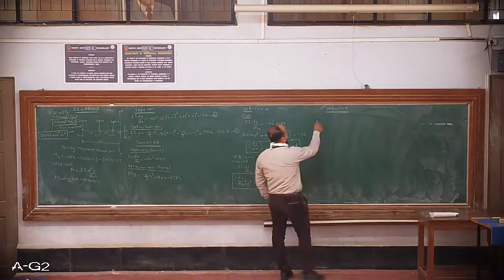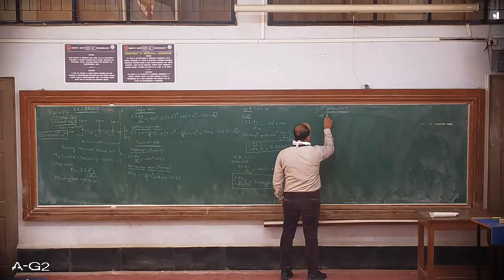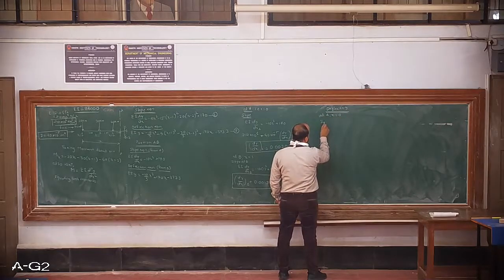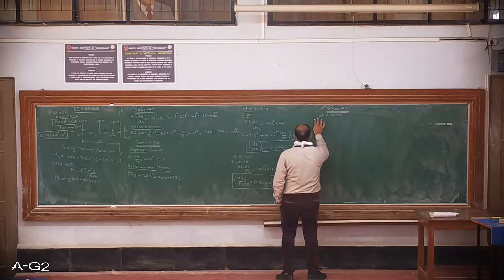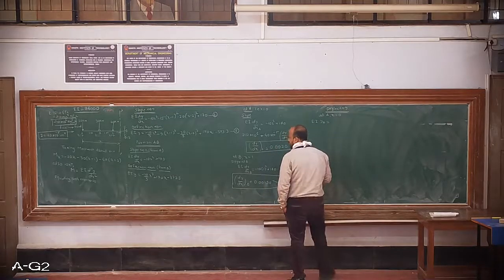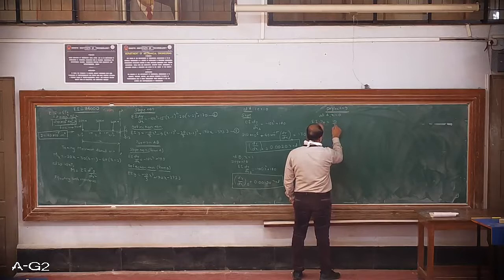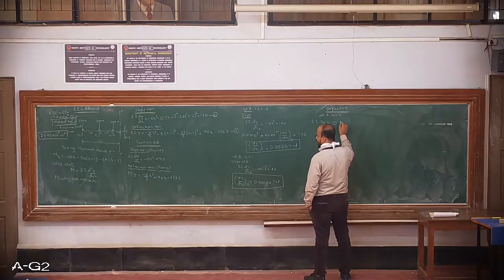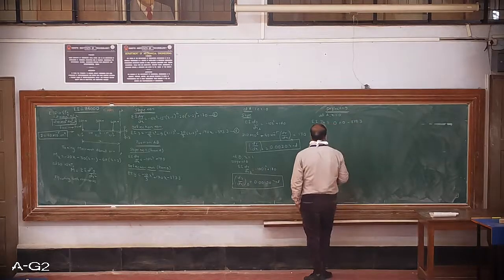So at A, x is equal to 0. Therefore EI into YA: the x cube term will become 0, plus 170 into x will also become 0, and minus 373.3 will remain.